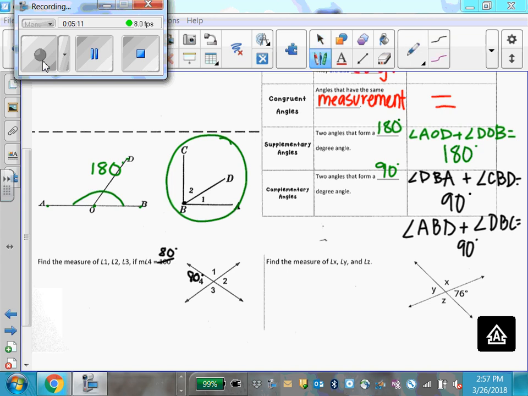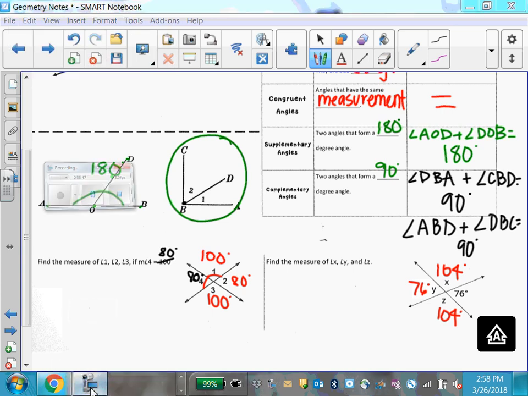If you knew this was 80, then you knew 2 was 80. Then 4 and 1 have to make 180, so this was 100, and this was 100 because of vertical angles. If I add them all up, I get 360 because they make a circle: 100 plus 100 plus 80 plus 80 is 360. Over here, if this one's 76, this one's 76. The others have to make 180, so 104 and 104. If you added all those up, you would have 360.